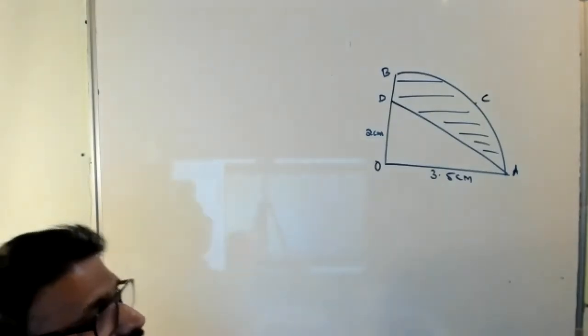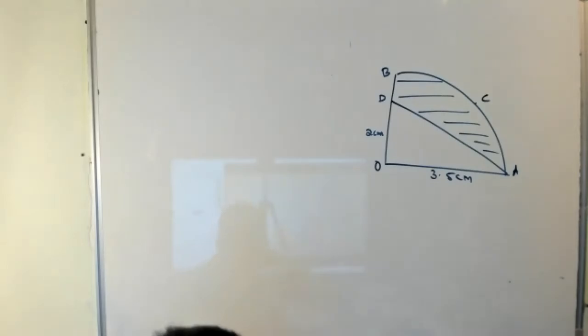OD is 2 centimeter. AOBC is a quadrant of a circle of radius 3.5 centimeter. Then find the area of the shaded region.